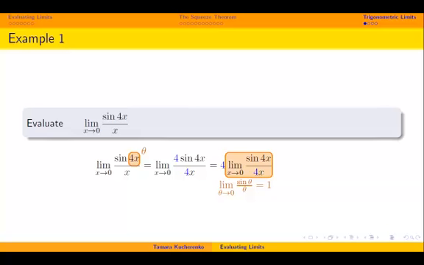Notice that here we do need to check that theta equals 4x tends to 0 when x tends to 0, before concluding that the limit is 1. Since we had an additional factor of 4, the value of the original limit is 4 times 1 equals 4.